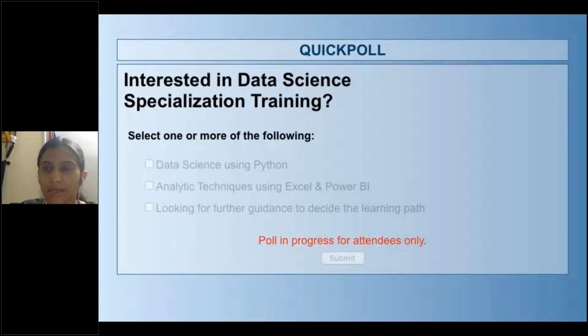Lipsha asks, I'm a BCom graduate, not from a science background, and I don't have maths in plus 2. Am I eligible for data science and what about the career and jobs in this? So Lipsha, you have now understood the key skills that one needs. One needs strong statistics.